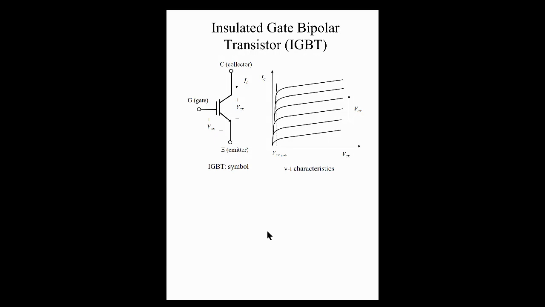There's a need for a device that could take basically the best of both worlds, right? From the MOSFET and from the BJT. What characteristics specially, right? So from the MOSFET, it was easy to turn on and off.